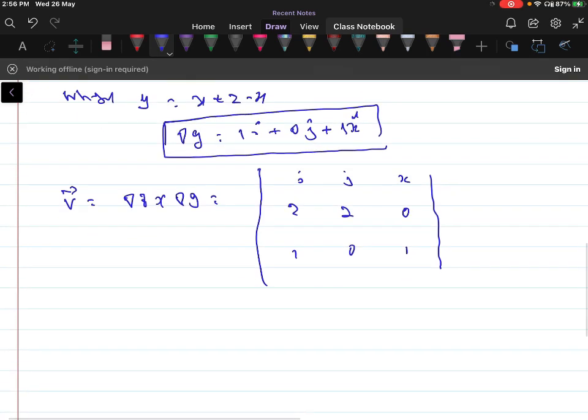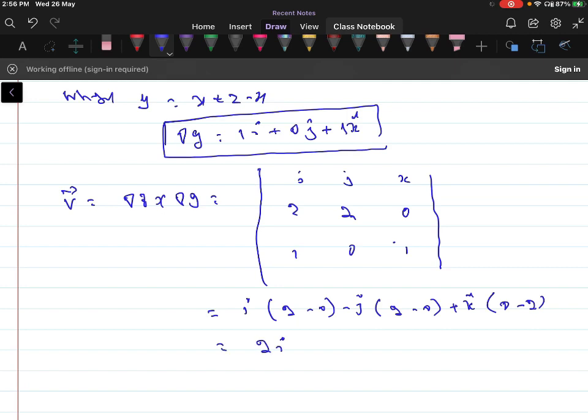Let us find the determinant: i cap into (2 times 1 minus 0), minus j cap into (2 times 1 minus 0), plus k cap into (2 times 0 minus 2). So this is equal to 2 i cap minus 2 j cap minus 2 k cap. This is the vector v.